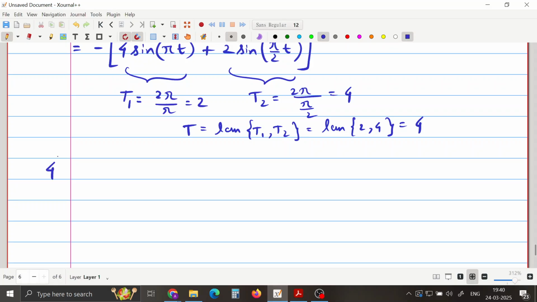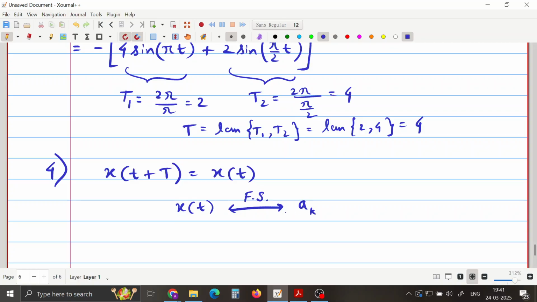Now question number 4: x of t plus capital T equals x of t, and I know x of t has Fourier series coefficients ak. Here FS is an acronym for Fourier series.